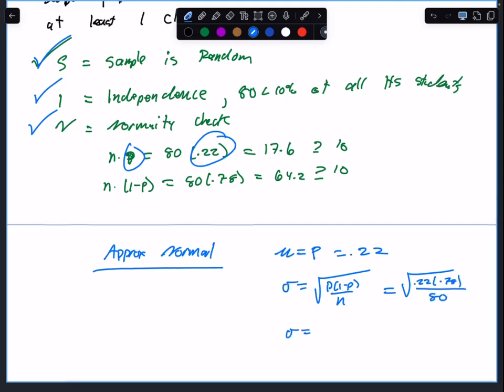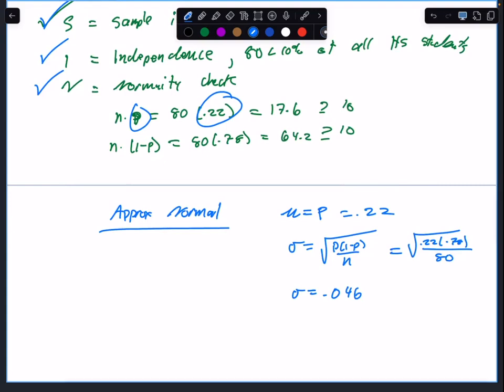If I punch that into my calculator, I get 0.046. So it is approximately normal with a mean of 0.22 and a standard deviation of 0.046.